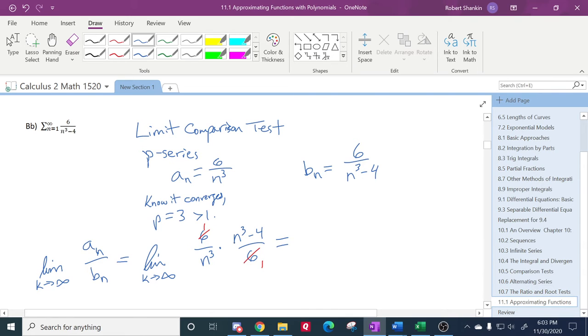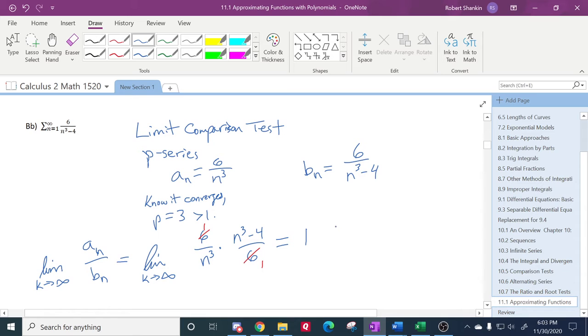And as k goes to infinity, this is horizontal asymptote theory. The degrees of the polynomials are the same. It's also the theory that we look at the associated function, because this is only defined for k equal 1, 2, not for the fractions in between. But this limit will be the same as the limit of the associated function, f of x equals this. And so this is clearly 1.